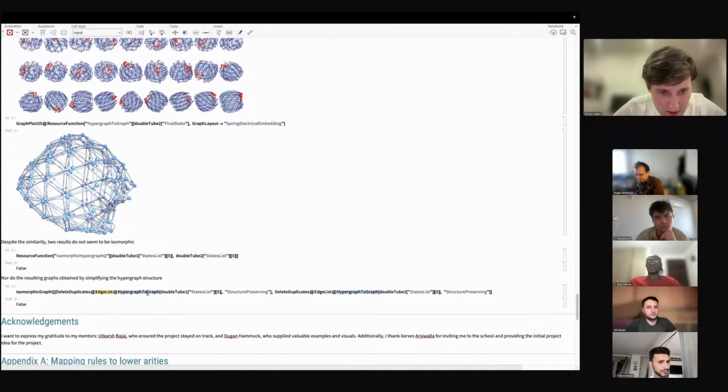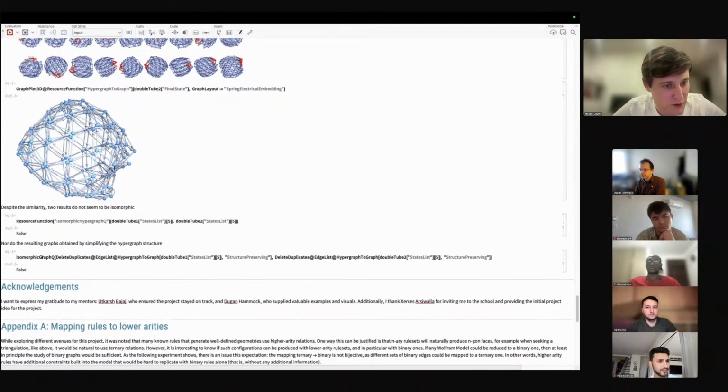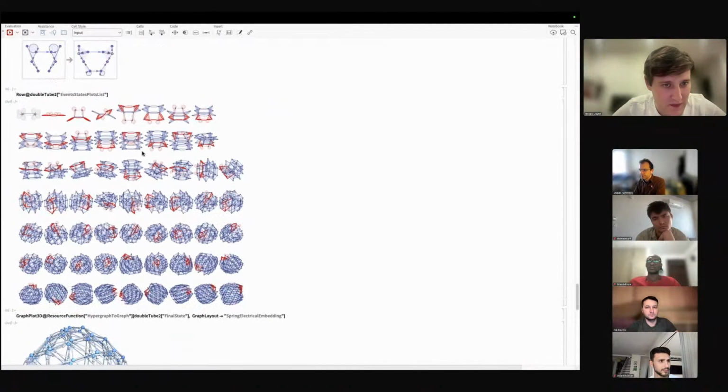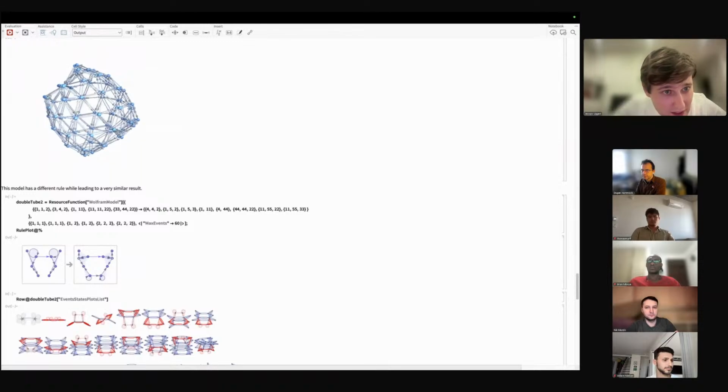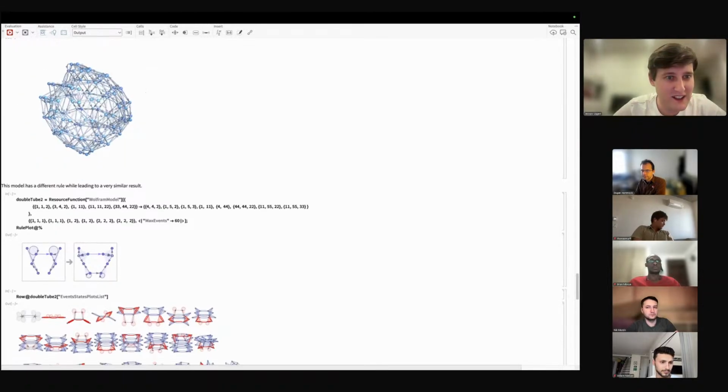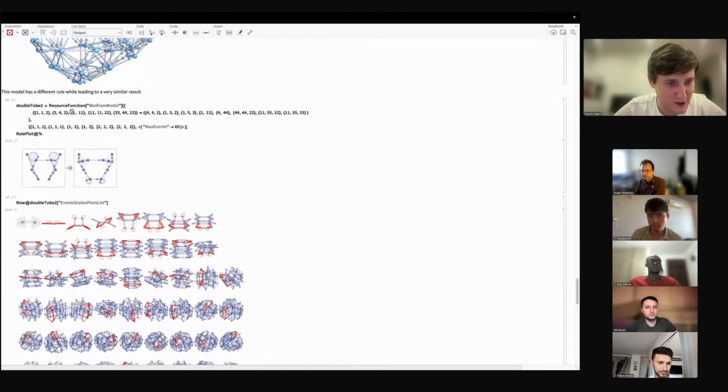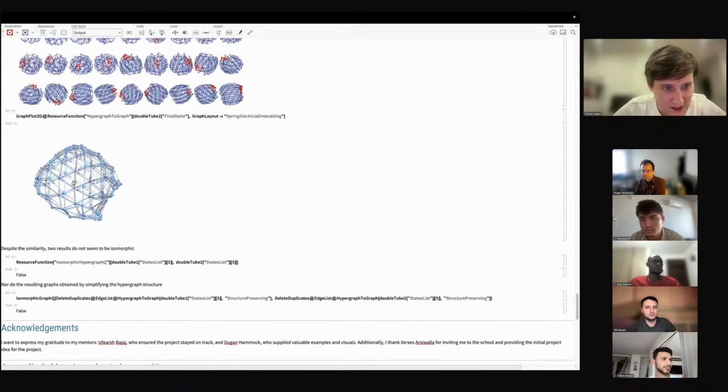I've tried trimming it in different ways, but it doesn't say it's isomorphic. I haven't checked thoroughly, but it looked like they're not. It looks like they are, but they're not.